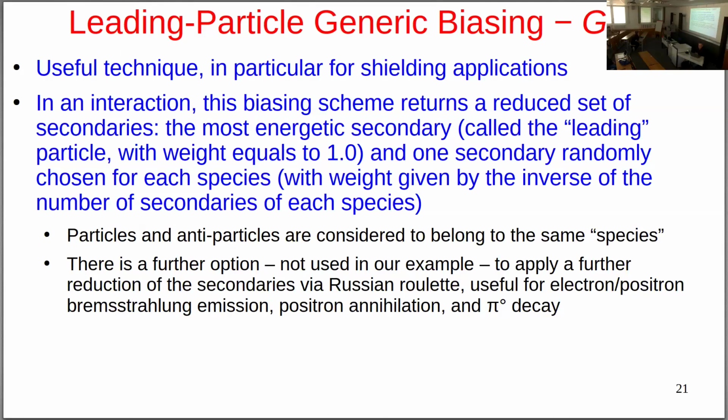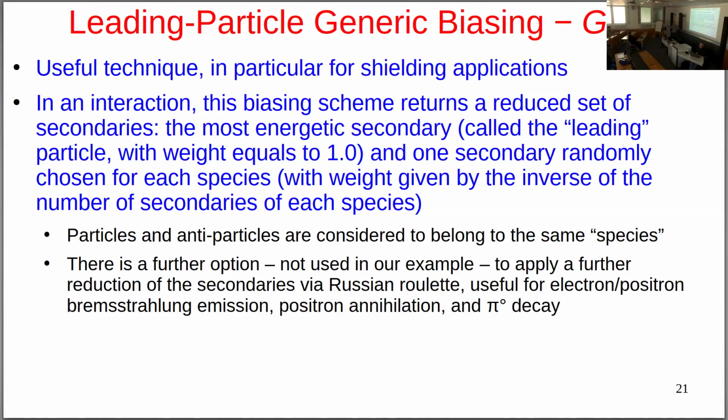I was mentioning this leading particle generic biasing, which is still present in native hadronic, but is complex to use, and we don't recommend using it, but you can use the generic biasing approach. So let me explain what it is. Leading particle is useful for shielding applications, where when there is an interaction, a number of particles are produced, and you take the most energetic one, and then you pick one particle of each category, like pions, for instance, or baryons, and you drop the others.